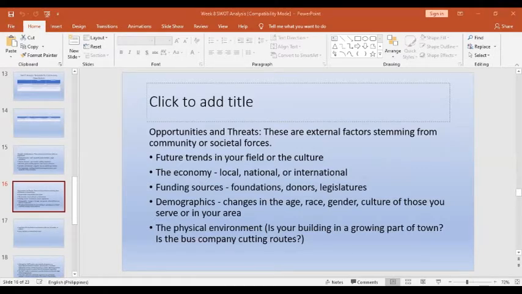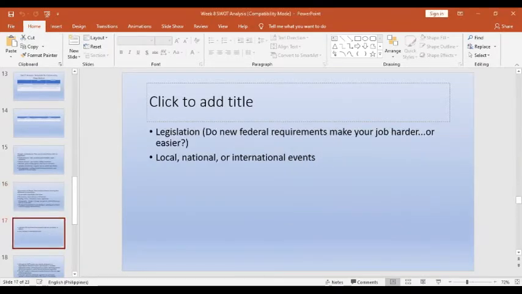The demographics, to whom we create the program and who will benefit from it, and even the physical environment. And also the legislation: what are the particular laws or government policies that we need to comply with, or governance, even national, local, and international events.